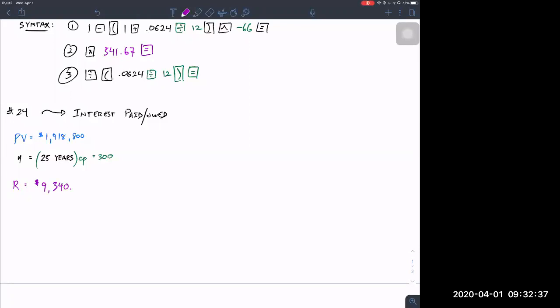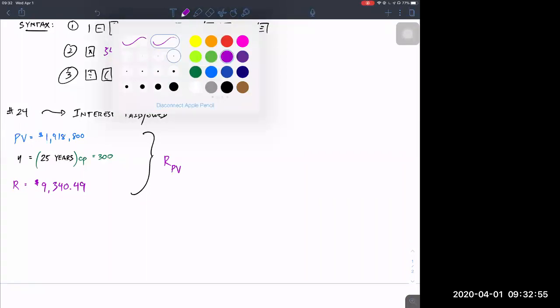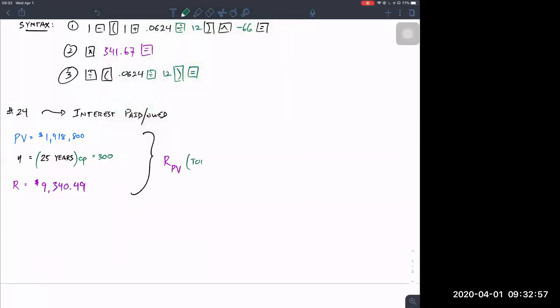Okay. So with those pieces of information, for those that need a formal way to go about it, or a formula, in other words, this is what the formula looks like. It is the recurring payment times the total number of payments minus the present value of whatever you borrowed against.